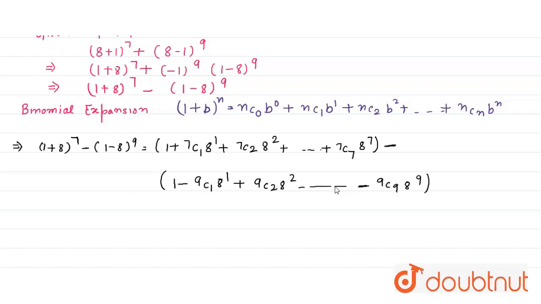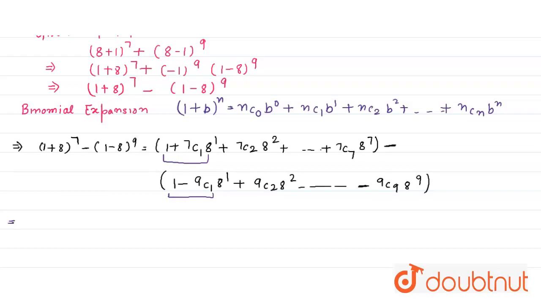Now look at this. I take 1 plus 7C1 8 raised to the power 1 and 1 minus 9C1 8 raised to the power 1 from both these expressions.